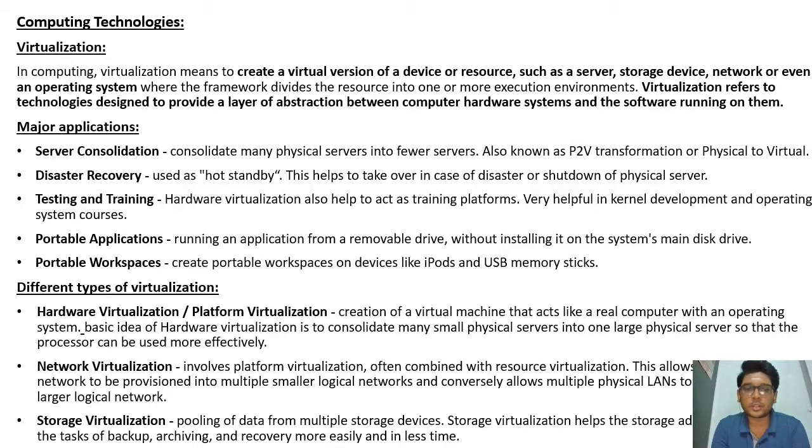Finally, storage virtualization, pooling of data from multiple storage devices. Storage virtualization helps the storage administrator perform the tasks of backup, archiving and recovery more easily and in lesser time. These are the three different types of virtualization. First one, hardware or platform virtualization. Second is network virtualization. Third is storage virtualization.